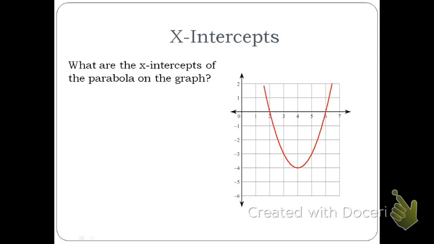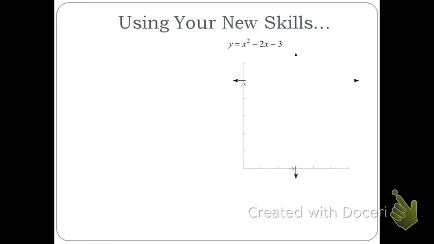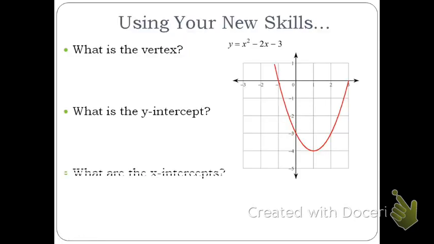Now, let's try putting it all together. I want you guys to try it out. Find out what the vertex is. The vertex is always going to be on that axis of symmetry.